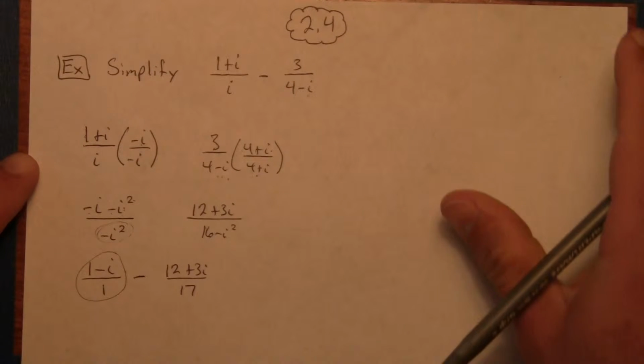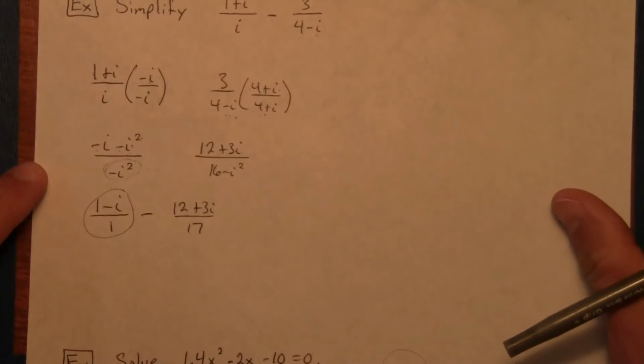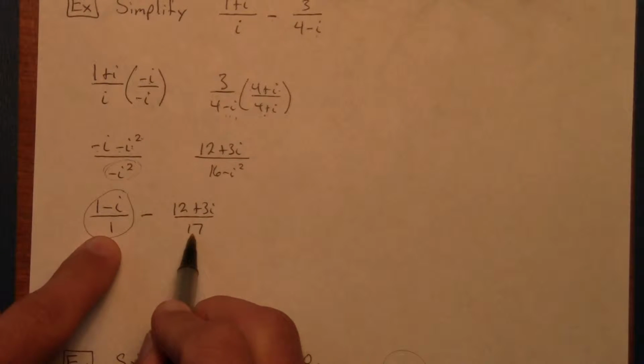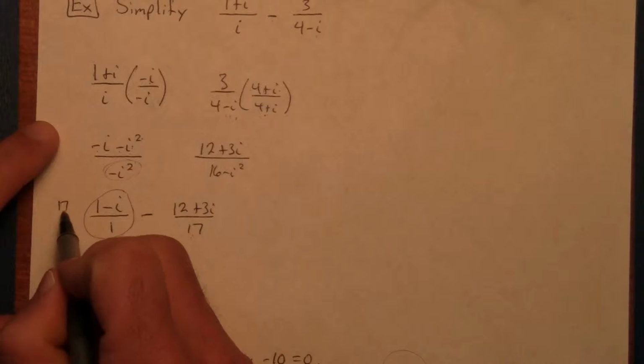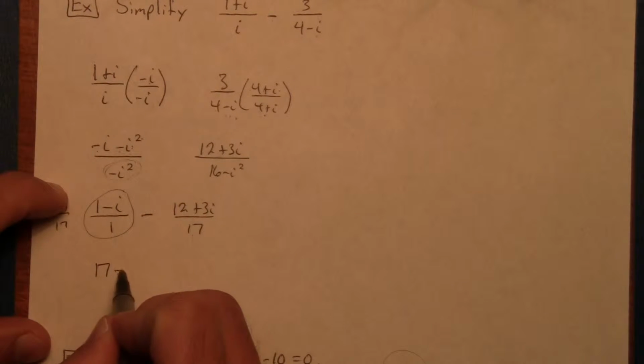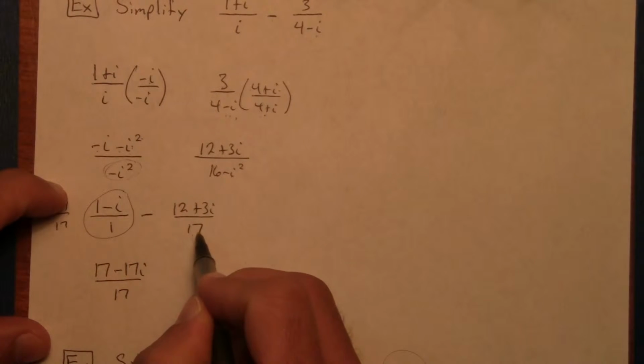Alright, so now I've got them both simplified. Now I would need to go ahead and get a common denominator with the two. And simple enough for this particular one, it looks like 17 is my least common denominator. So if I multiply by 17 over 17 and again distribute, that's going to give me 17 minus 17i over 17. Here I already have the common denominator.